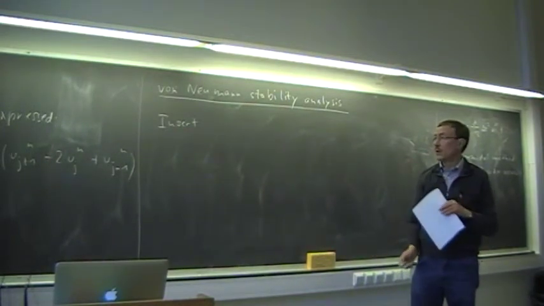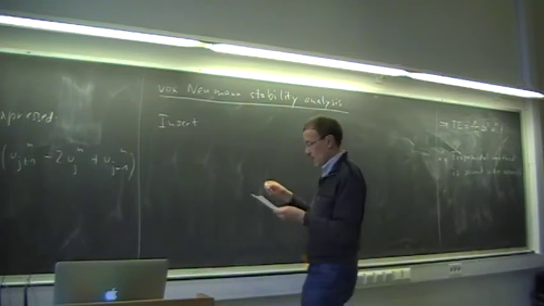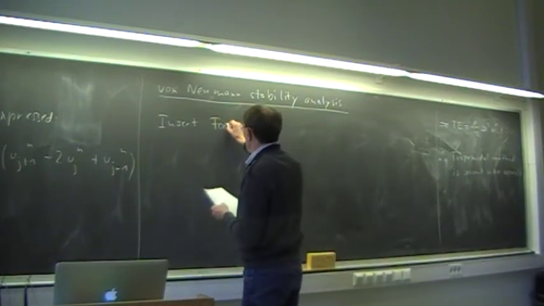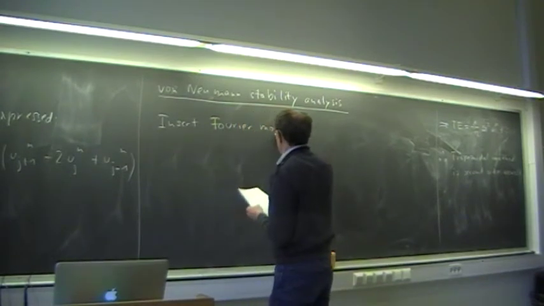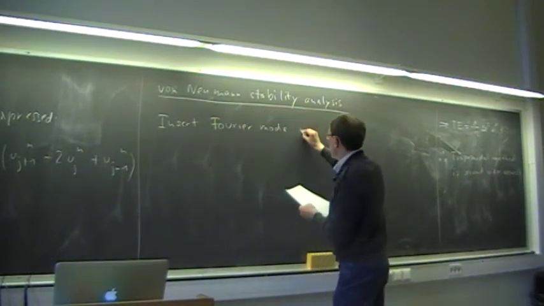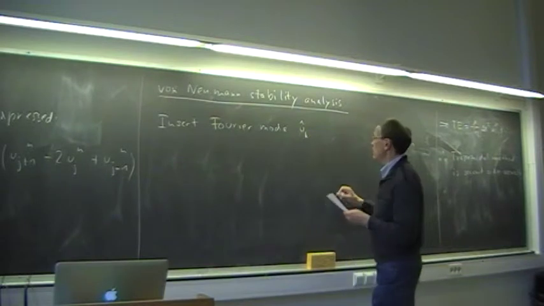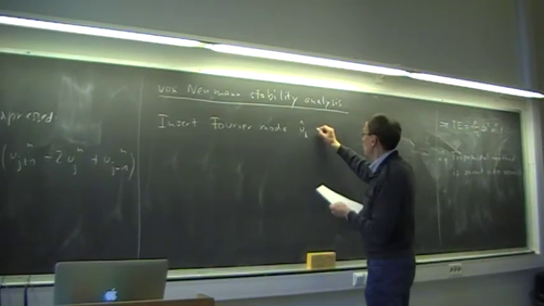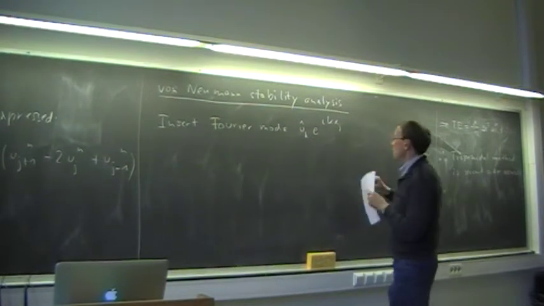And since these modes are linearly independent, we can just focus on one. So we insert one Fourier mode, which we denote by its amplitude, or the Fourier transform u hat k, for wave number k, e to the i k x j. x j is grid point x j.